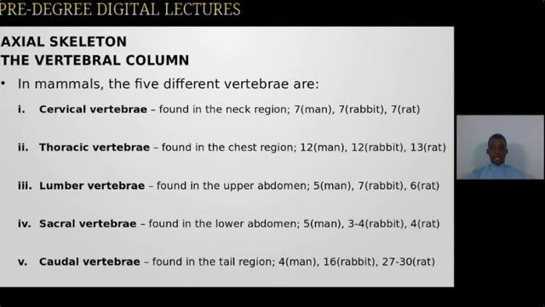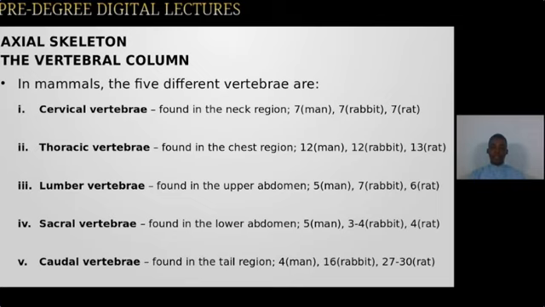So like we said, in mammals, the 5 different vertebrae are cervical vertebrae, which is found in the neck region. There are 7 in man, 7 also in rabbit, 7 also in rats. The thoracic vertebrae is found in the chest region. Man has 12, rabbit also has 12, and we find 13 in rats.